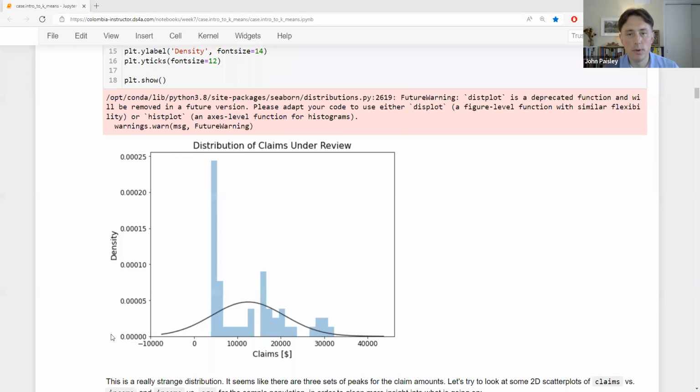So first we show a histogram of all of the claims, and we get something that looks like this. It looks like three clusters of claims. You get a cluster of claims around 30,000, a cluster around 20,000, and a cluster around 10,000. And then something down here at 5,000, maybe this cluster is a bit weird.